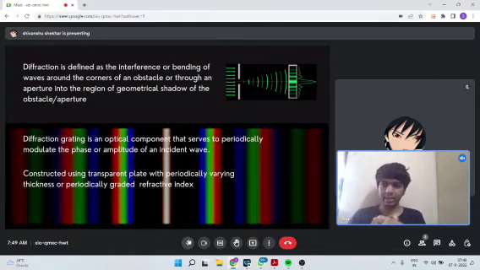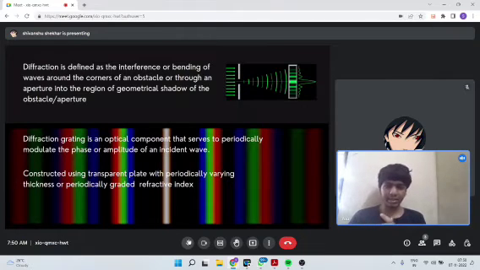The bending of a light wave cannot be explained by ray optics, as ray optics assumes that light always travels along a straight line. If that was true, light could not bend around an object. But this can be explained by wave optics, wherein, as shown in the diagram above, there is bending of light around smaller obstacles, due to which we can see a diffraction pattern at the end.